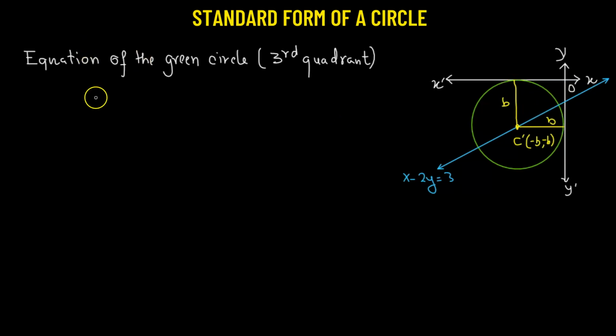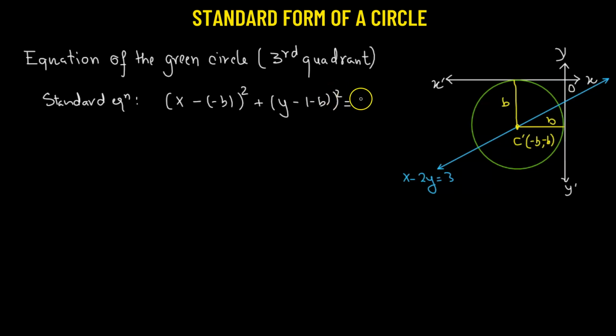So we can use the standard equation of the circle: (x - (-b)) whole squared plus (y - (-b)) whole squared equals b squared, where we have assumed that b is the radius of the green circle.